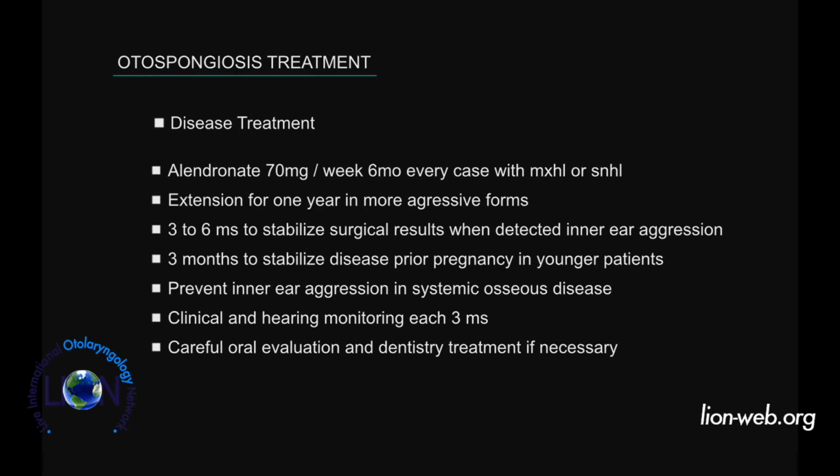We can use it for short times to stabilize surgical results when we detect inner ear aggression. We can use 3 months to stabilize the disease prior to pregnancy and in younger patients. It could be a good strategy to protect young ladies with confirmed disease who intend to become pregnant.